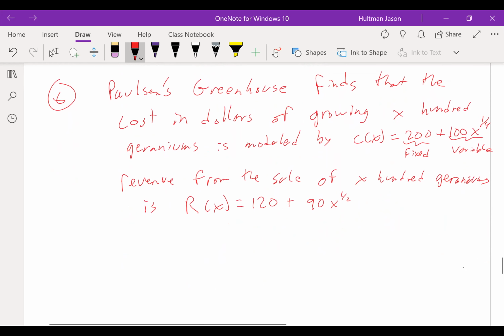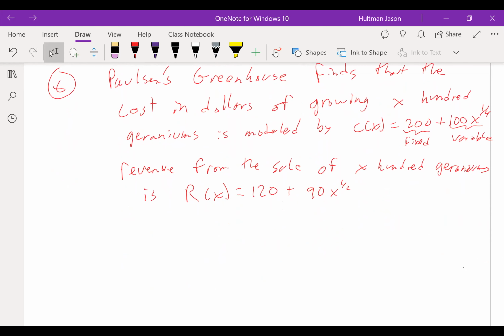Let's find the average cost, the average revenue, and the average profit.